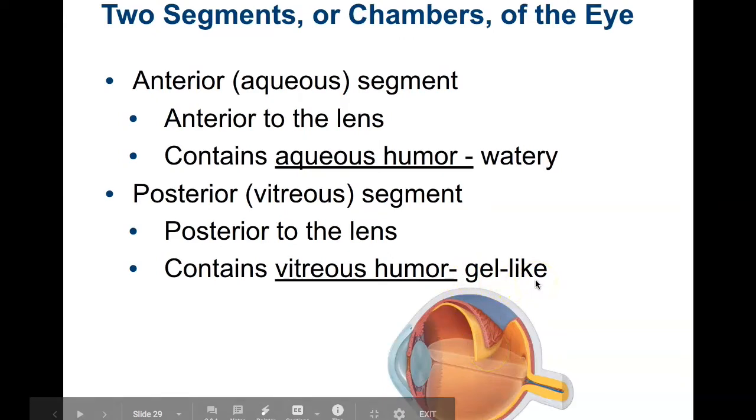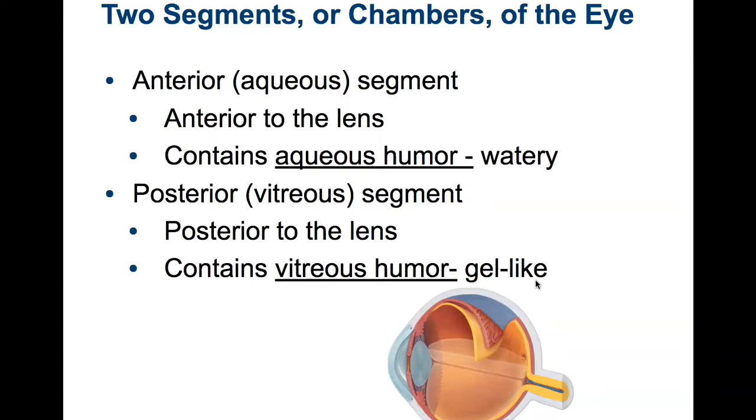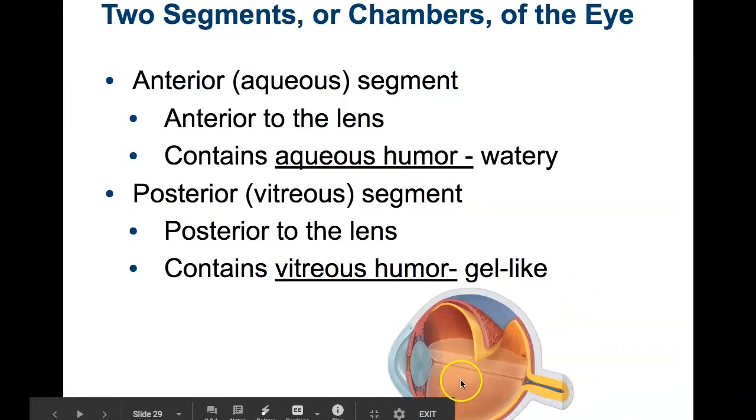In other words, I'm not sure if any of you guys have ever done anything with water crystals, or probably you're more familiar with them as Orbeez. All right, your vitreous humor kind of has that consistency to it. They're kind of like Orbeez, and again, what's happening is this fluid in here helps basically keep our eyeballs inflated.